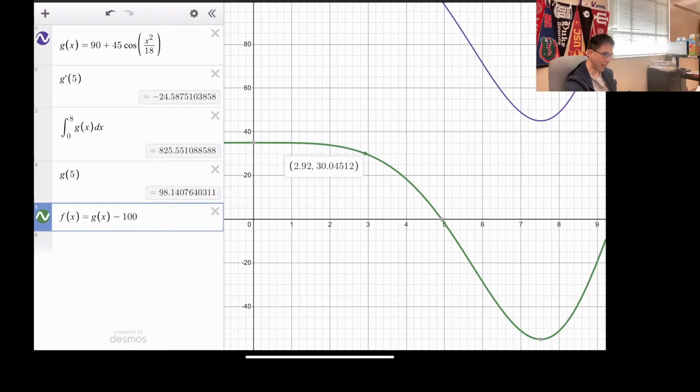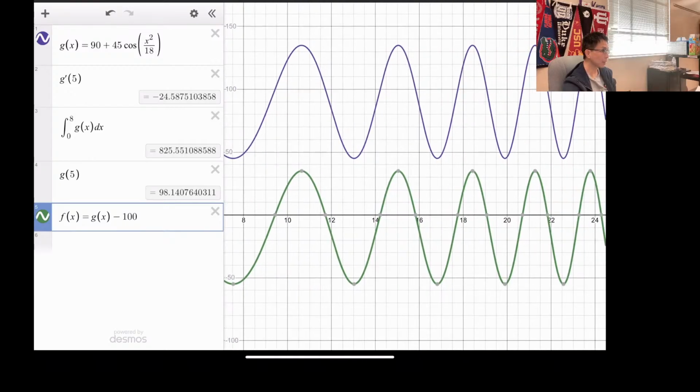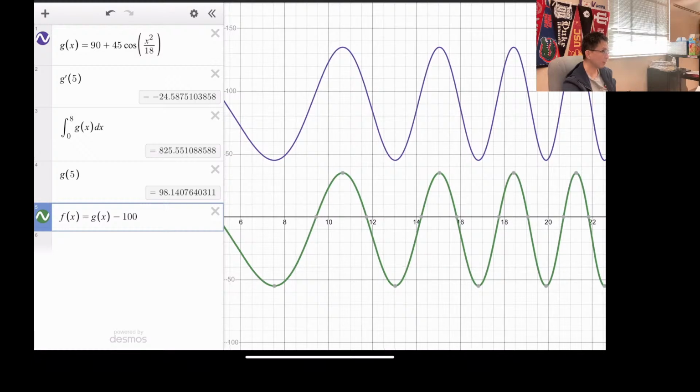The whole time, the plant is accumulating the gravel, and that's going to be the maximum gravel right here, because after that the gravel is going to go down because there's more out than in. And they are in cycles, if you pay attention, because of cosine. So it's a cosine function.